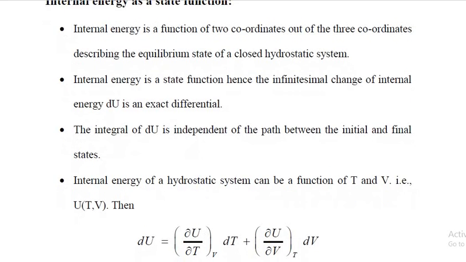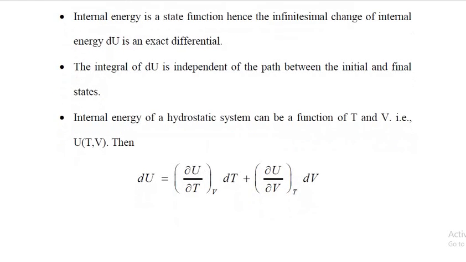Internal energy of a hydrostatic system can be a function of T and V, that is U of T and V. Then dU, since it is an exact differential, I can express dU as ∂U/∂T at V into dT plus ∂U/∂V at T into dV.